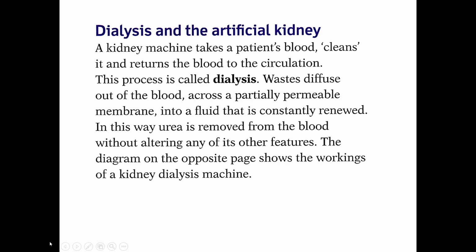A kidney machine takes a patient's blood, cleans it, and returns it to the circulation. This process is called dialysis. The definition of dialysis is the process of removing excess water, solutes, and toxins from the blood in people whose kidneys can no longer perform these functions naturally.